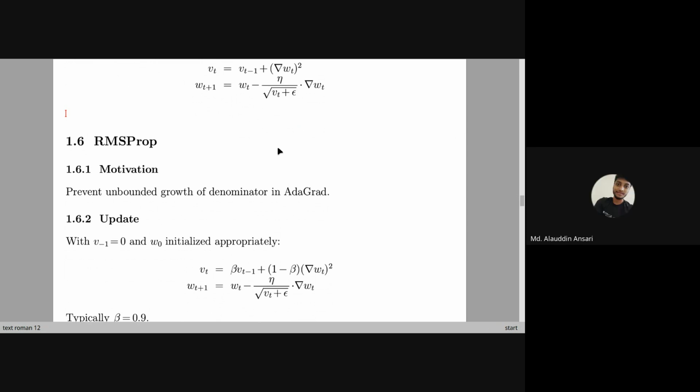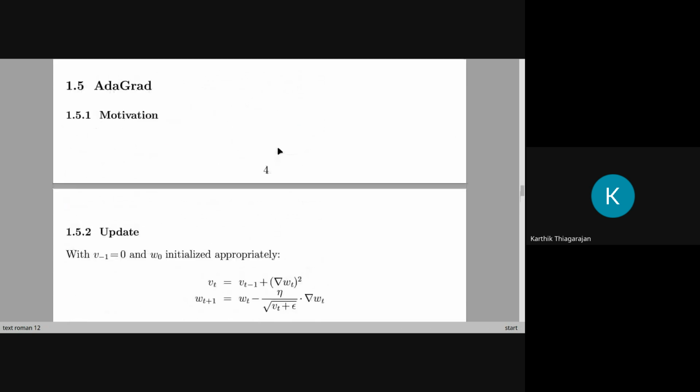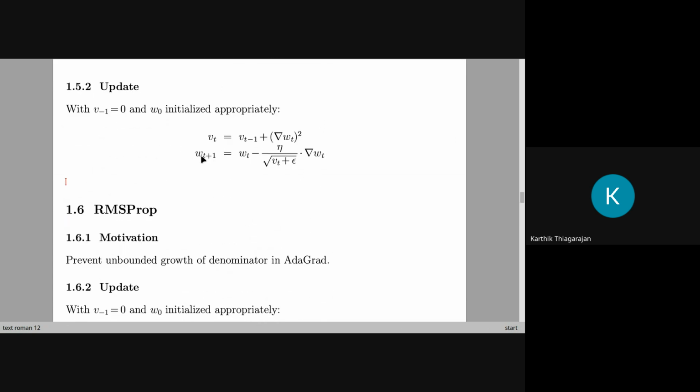Okay, so the main issue with AdaGrad, adaptive gradients, is that the history of the magnitude of the gradients keeps on growing. It's unbounded, monotonically increasing. The problem with that is that the denominator will soon grow really large, making the effective learning rate tend to zero.